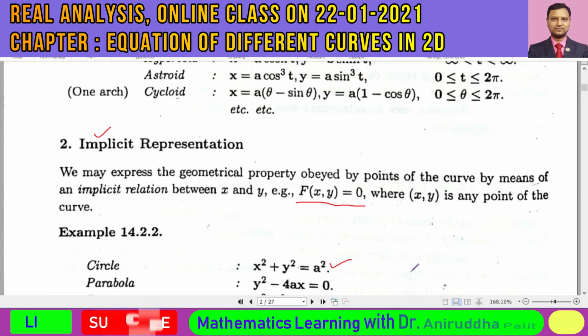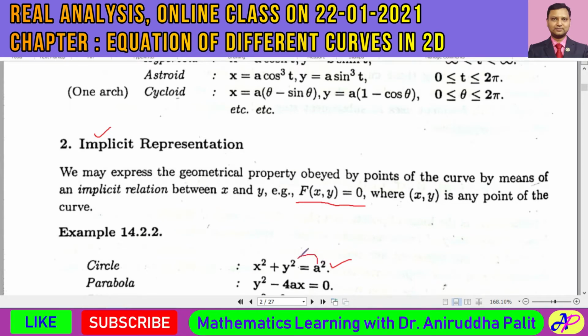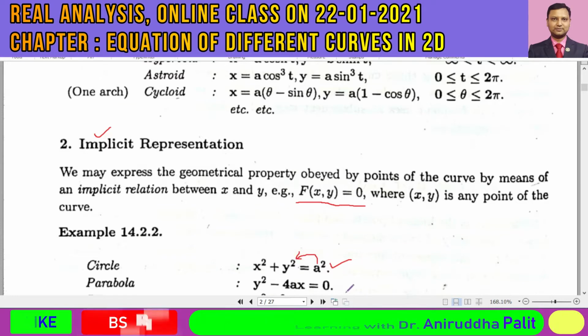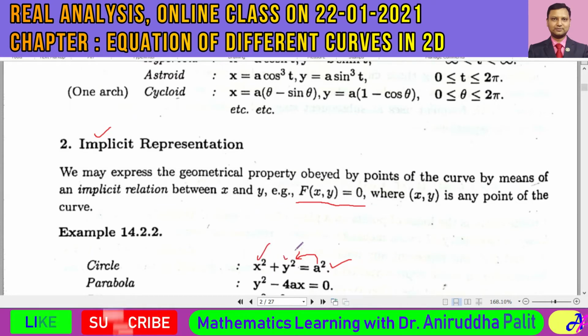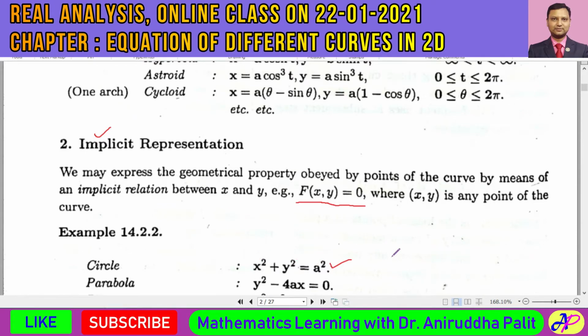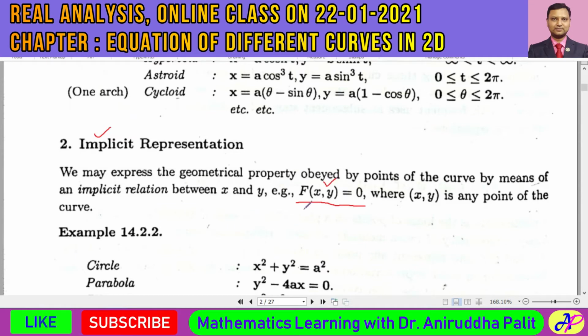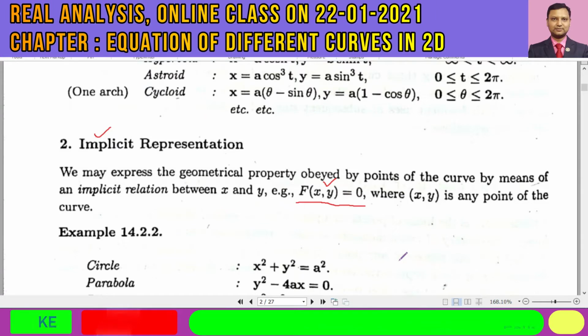If we take this a square on the left hand side, then we shall have x square plus y square minus a square is equal to 0. So x square plus y square minus a square is our function capital F. So capital F of x comma y is equal to 0. That would be the implicit representation of a curve.